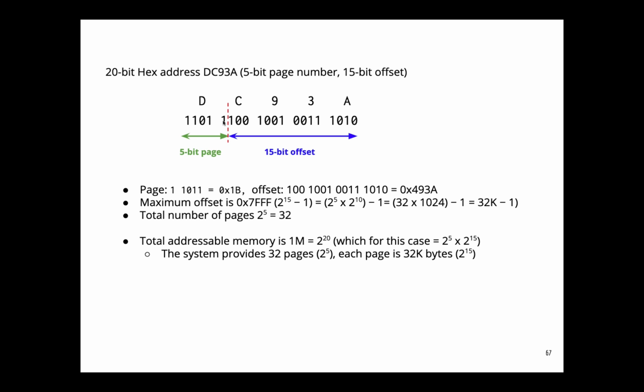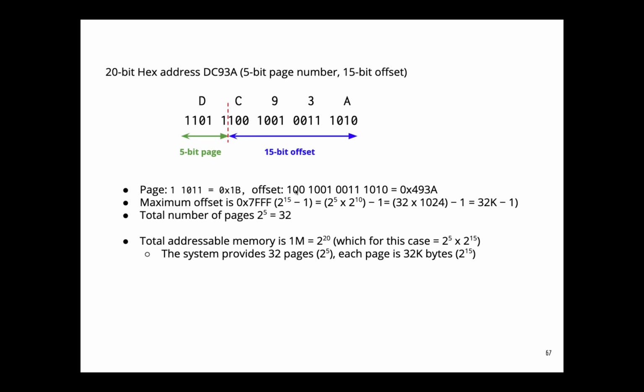But remember that you have to group the bits in 4 starting from the rightmost bit, not from the leftmost. So the page number in hex becomes 1B. And then the offset will start from here, from 100 to the end. So this is the offset.